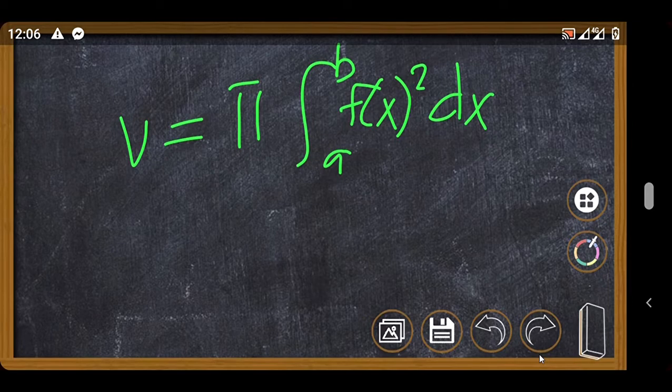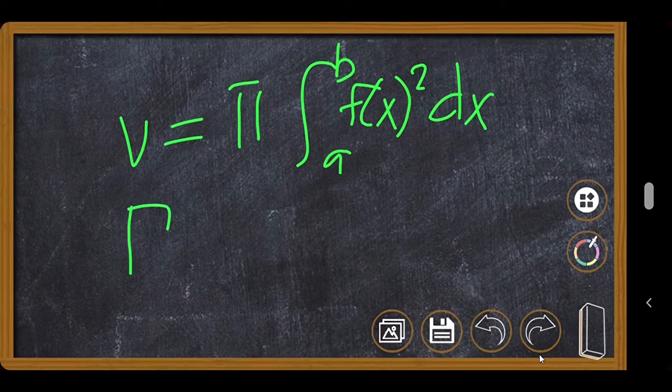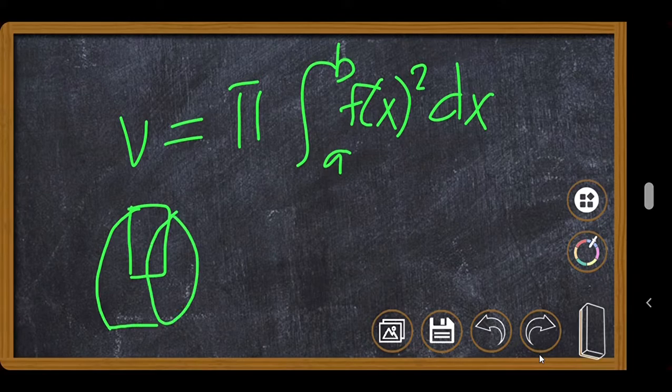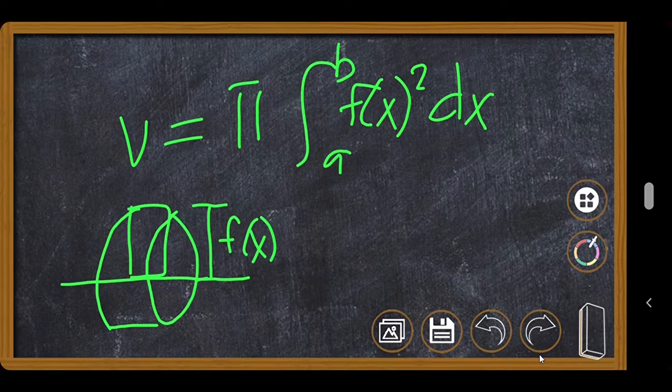Now if you forgot that formula, just remember a very small rectangle that when revolved around an axis has a radius of f of x and a height of dx.